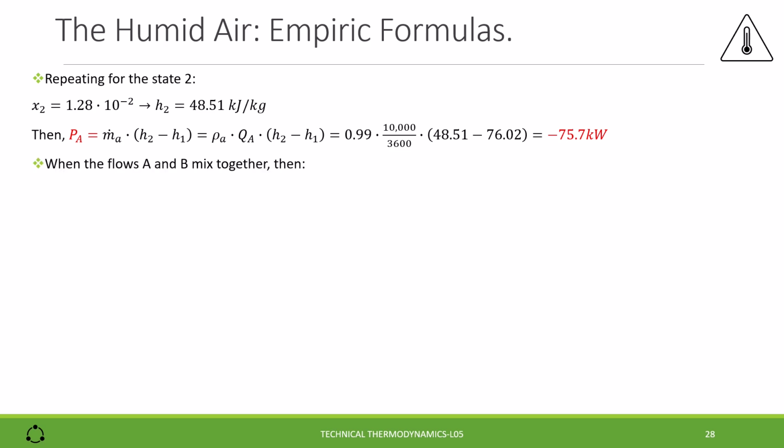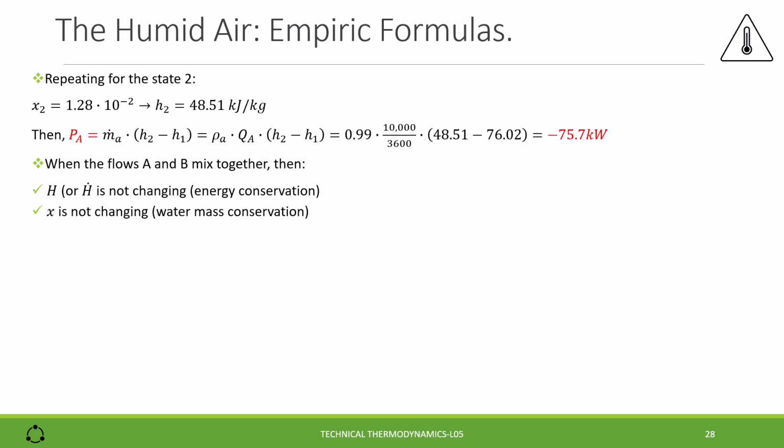When the flows A and B mix together, then the enthalpy flow is not changing because of energy conservation, as well as the humidity is not changing because of water mass conservation. For the flow A, we can write enthalpy flow equals mass flow times specific enthalpy, and we find 133.5 kilowatt.